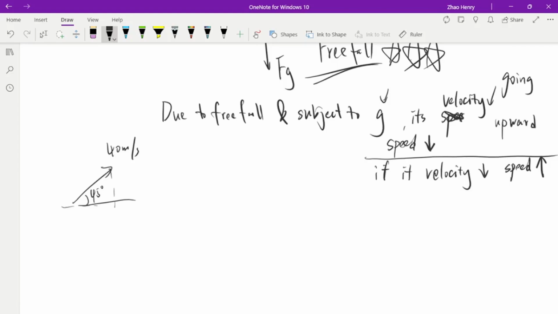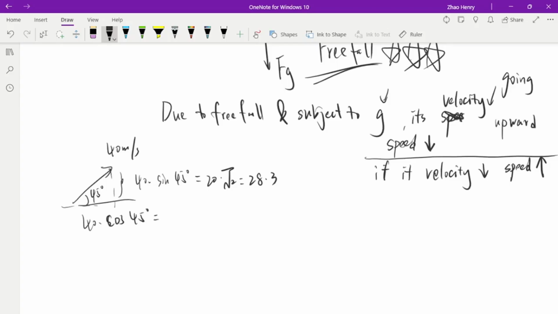So let's resolve the vector into components first. The vertical component is 40 times sine 45 degrees, which equals 20 times square root of 2, close to 28.3. The horizontal component is 40 times cosine 45 degrees.